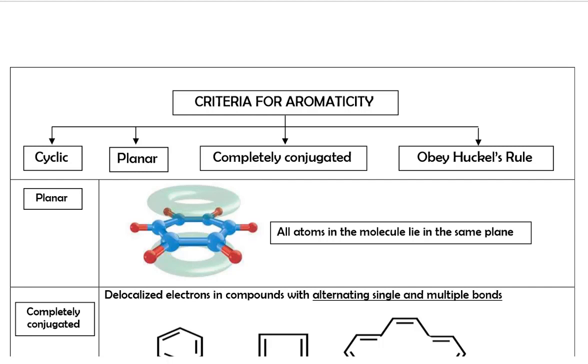The first one is cyclic. If it is cyclic, it will be planar. Planar means that all atoms in the molecule lie in the same plane; planar means flat. This is carbon, carbon, carbon, carbon, carbon, carbon, and the red ones are hydrogen. So it is flat. Next is completely conjugated.